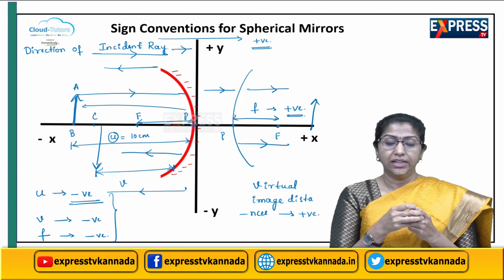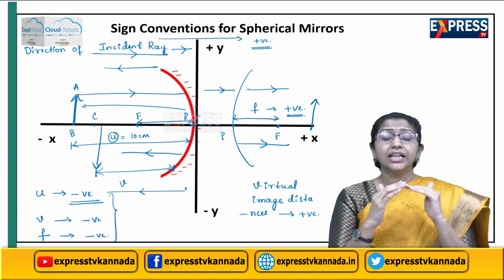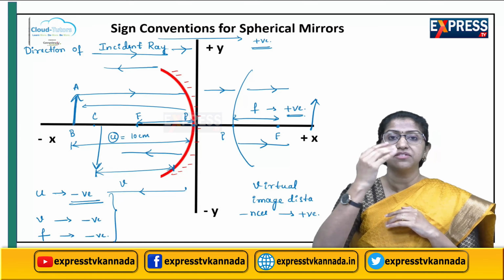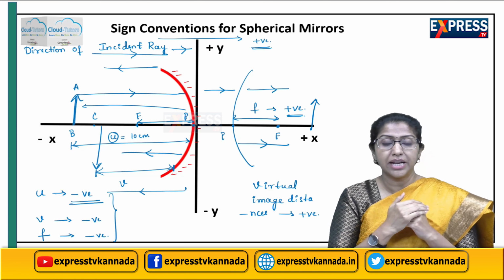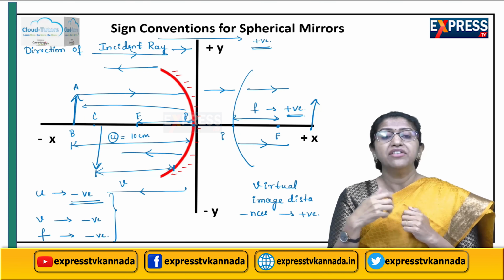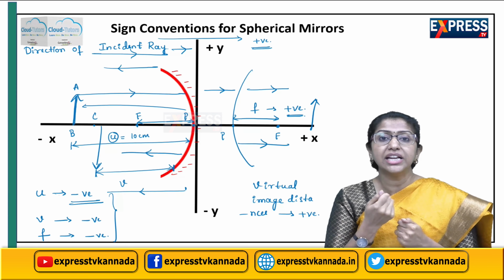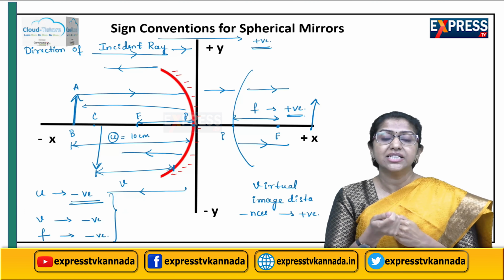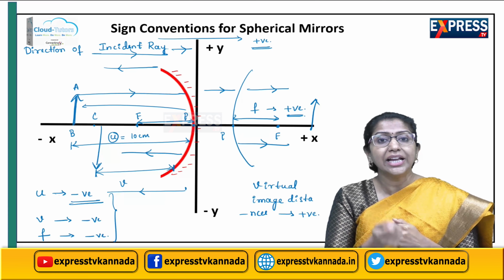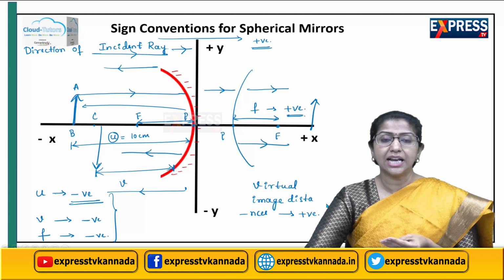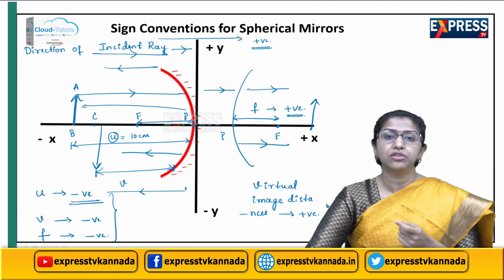Okay, and the last thing is that the height of the object, anything above the principal axis is positive, anything below the principal axis is negative. So if it's a negative image size or image height, then you need to understand the fact that it is a real and inverted image. Alright? You will understand the sign conventions better when we solve one or two problems.